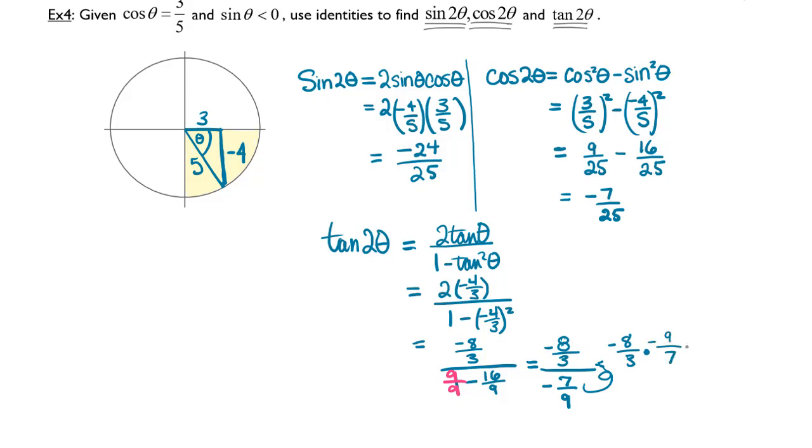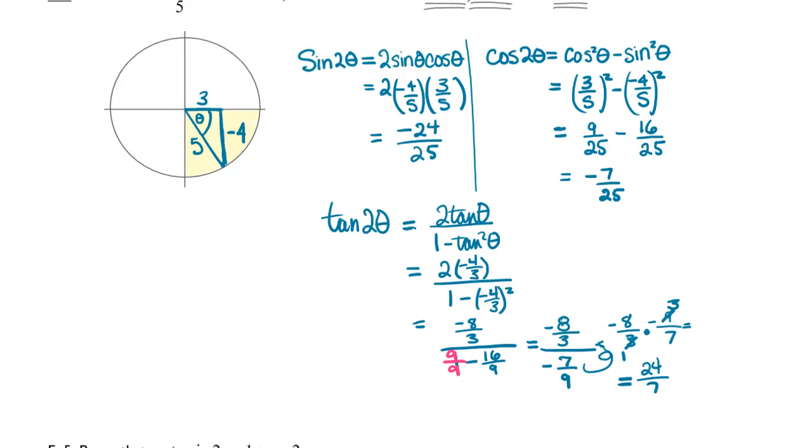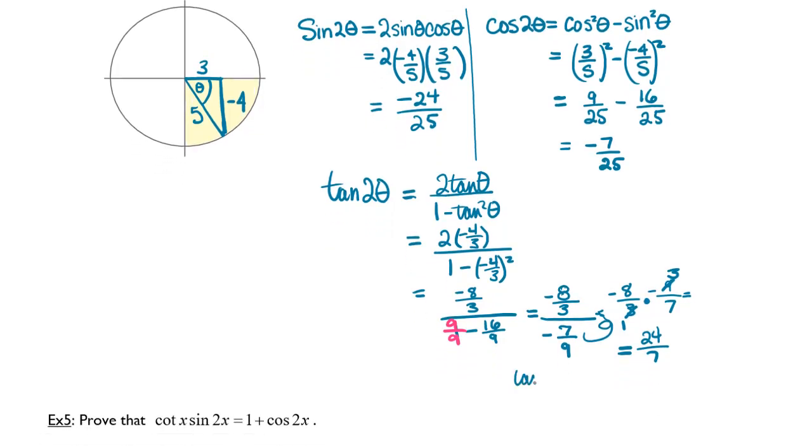Does that reduce? Yes, it does, the 3 and the 9. A negative times a negative is a positive. 8 times 3 is 24 over 7. So that is the value for tangent of 2 theta, which is equal to 24/7.